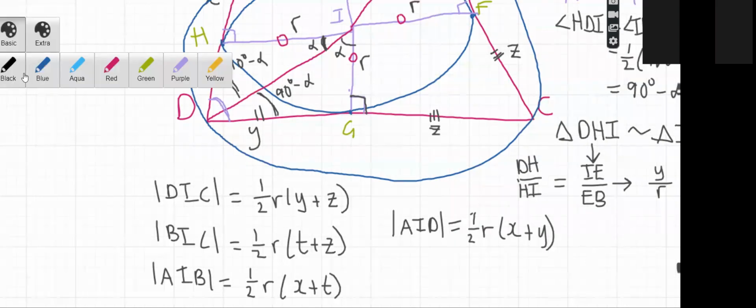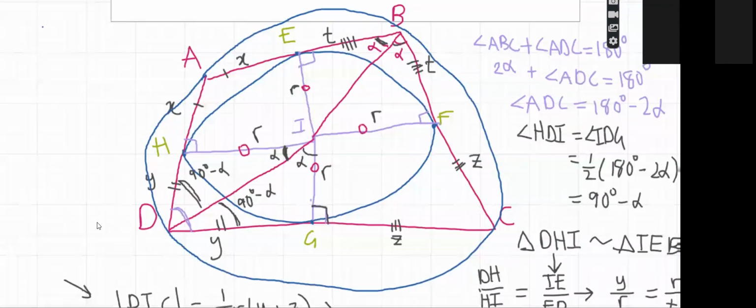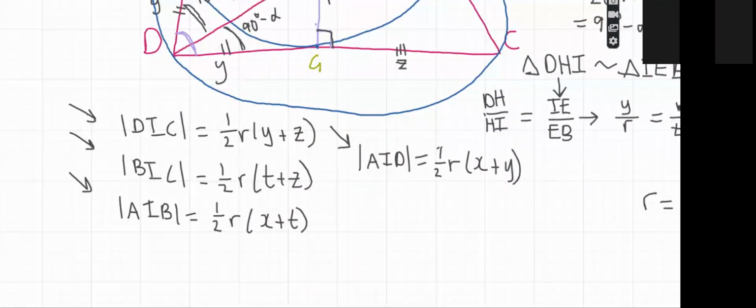Okay, if we add the areas of these four triangles, we'll get the area of the quadrilateral ABCD. So if we add the areas of the four triangles, which are half r (y plus z), half r (t plus z), half r (x plus t) and half r (x plus y), we'll get the area of the whole quadrilateral.